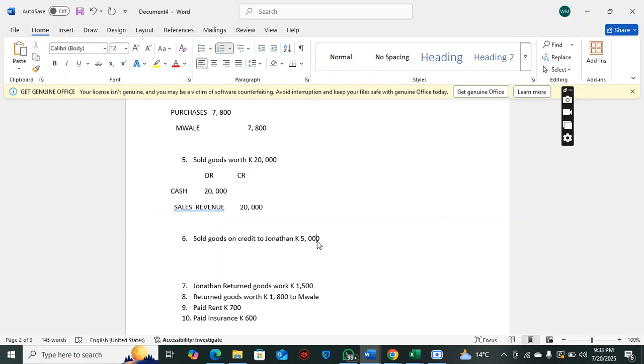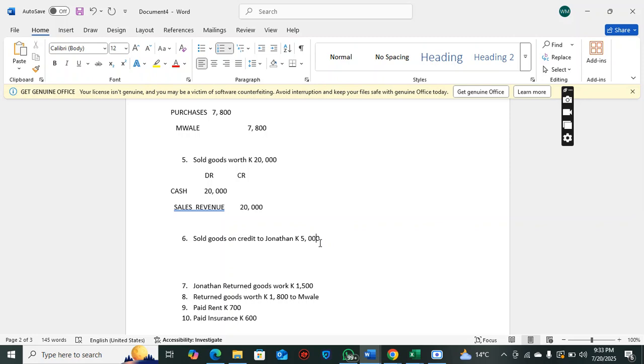Next thing, we need to determine which one's increasing, which one's decreasing. In this case, both accounts are increasing. As I said, Jonathan is an asset. We've just acquired someone who owes you money. When you just acquire them, it's like an increase in your assets. Increase in your debtors there.